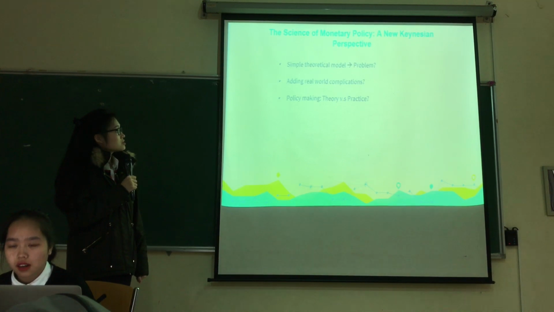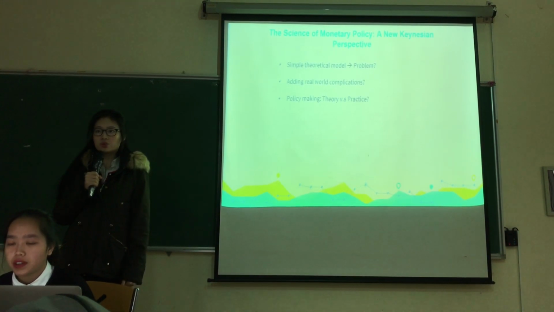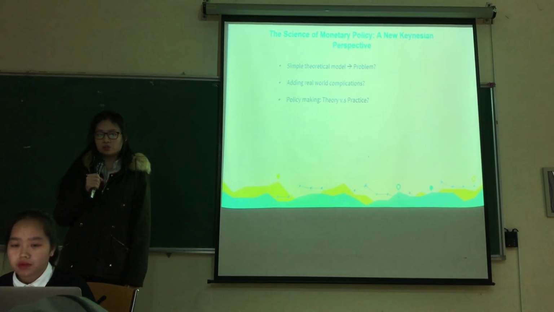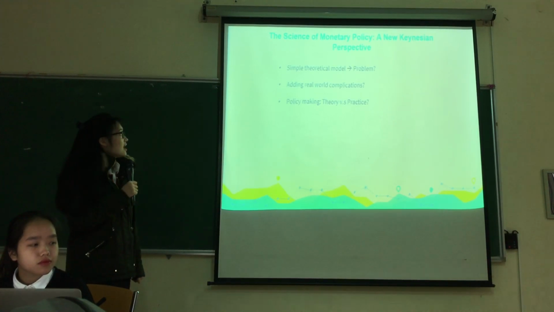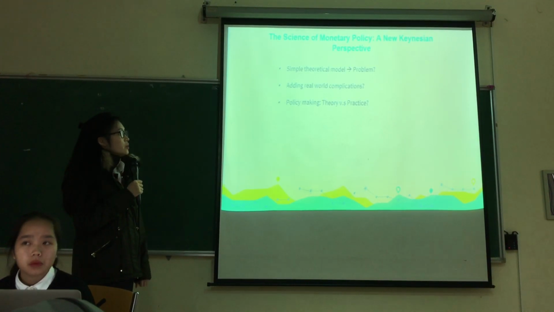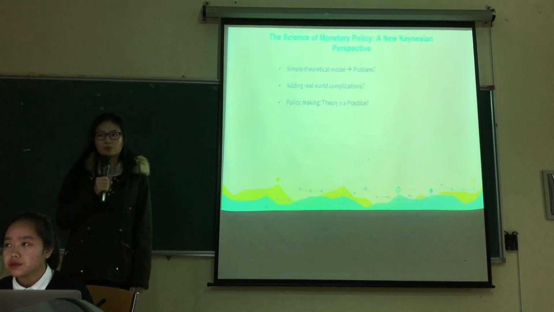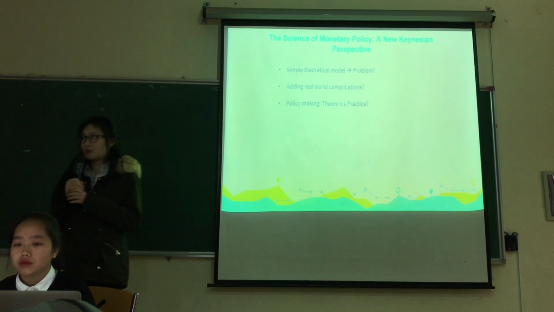They also add real-world complications like macroeconomic shocks to show how advantageous it is to use the new three equation, new Keynesian models. And lastly, they compare theory and practical policy making nowadays. So that's the end of my presentation.